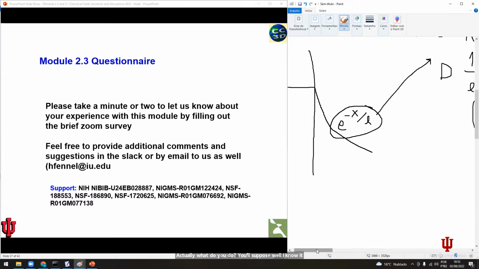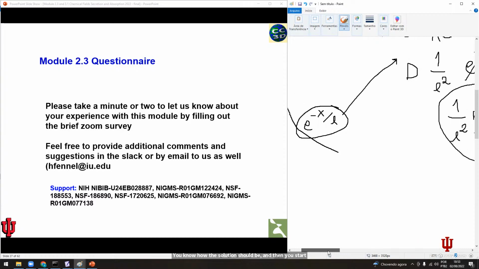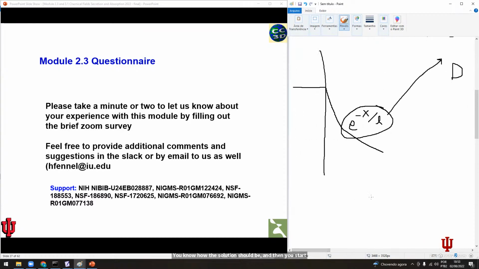It looks like the guy put some, I don't know, some seasoning. So I remember the smell, so I will put this, and that. So you are basically cooking by ansatz. You know how the solution should be, and then you start solving from the solution itself.